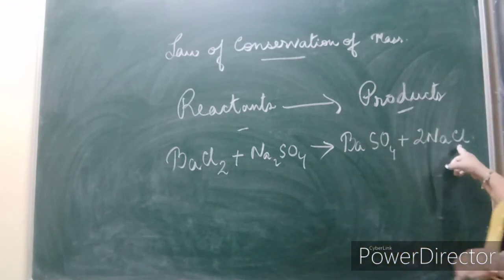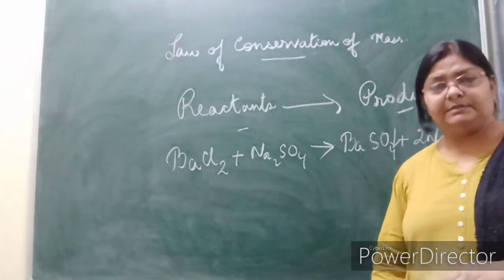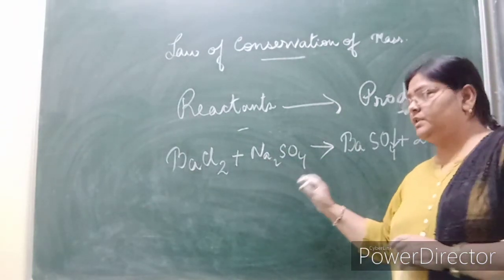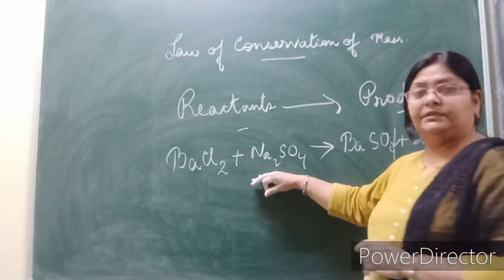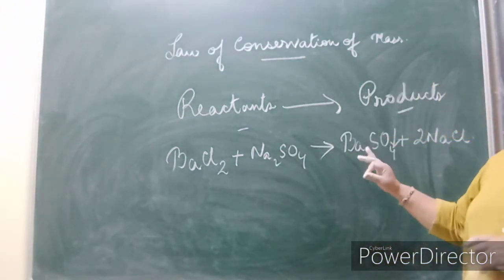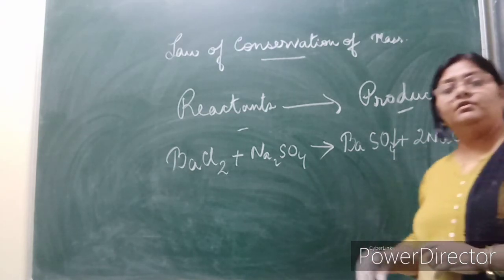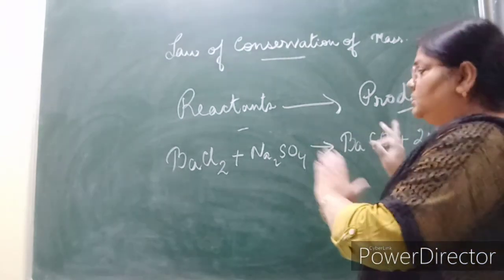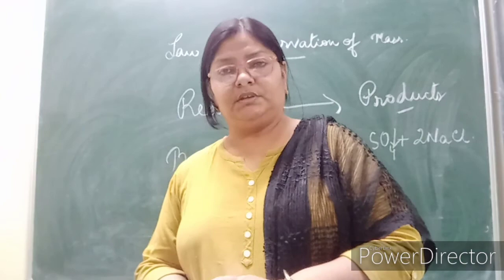NaCl remains as a solution, and BaSO4 is produced as a solid precipitate which remains suspended. Before the experiment we measure the amount of barium chloride and sodium sulfate taken, and after the reaction is completed, if we measure the weight of the products, what is found? That the total weight remains the same. It will not change. This is the law of conservation of mass.